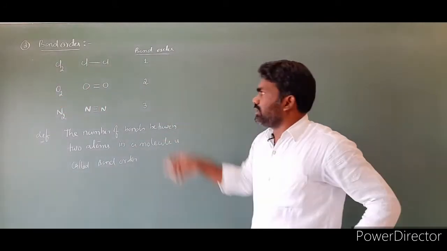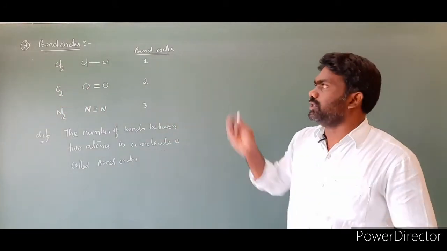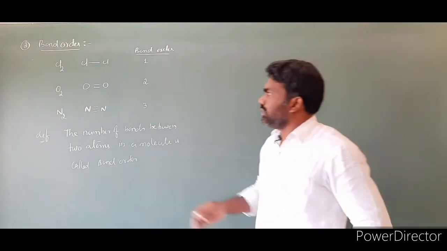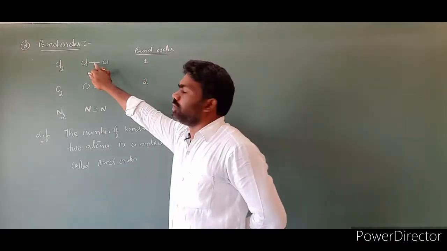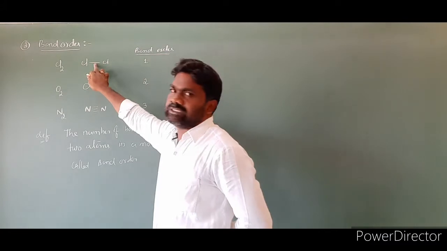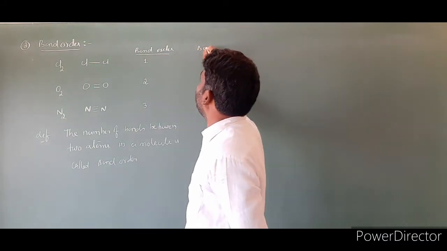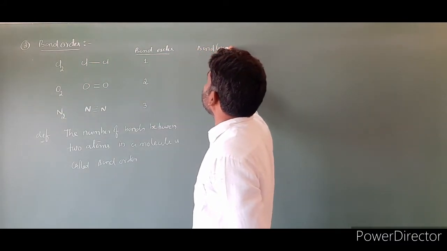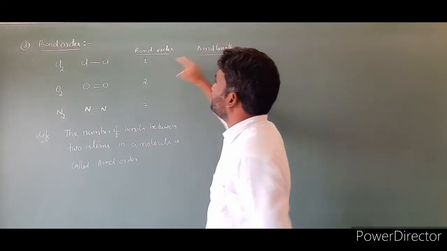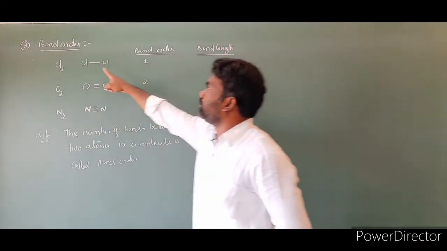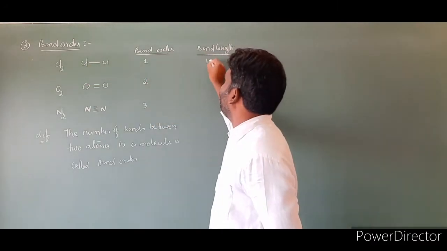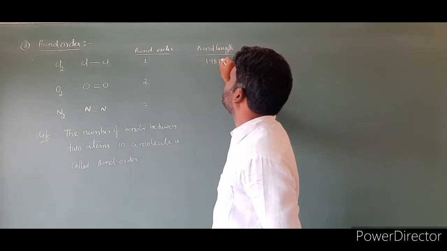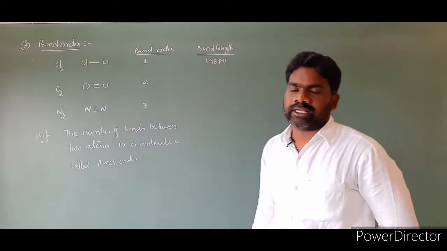Now we have to find some relation between bond order and bond length. In the Cl2 molecule, between the two chlorines only one single bond is there. I am writing here the bond length. The bond length between the two chlorine atoms is 198 picometers.